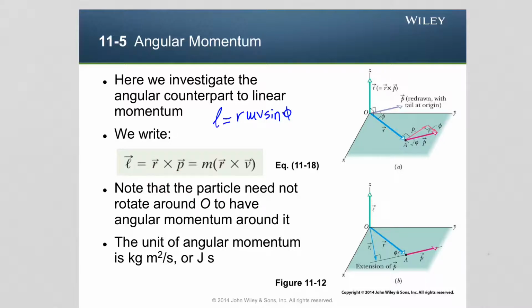Or in other words, that's the mass of the particle times the cross product of the position vector of the particle and the linear velocity of the particle. The units for angular momentum are kilogram times meter squared per second.